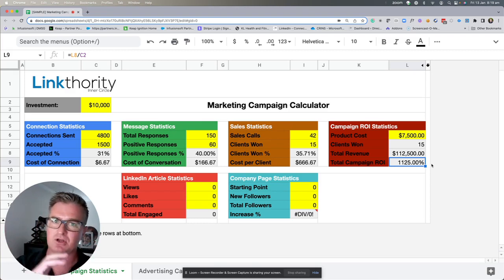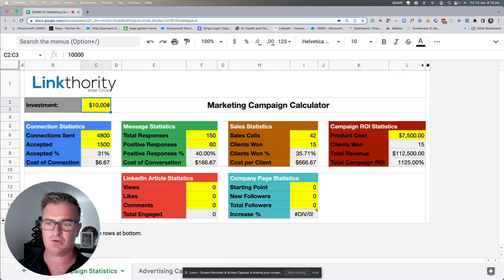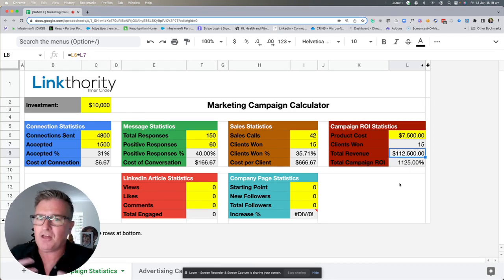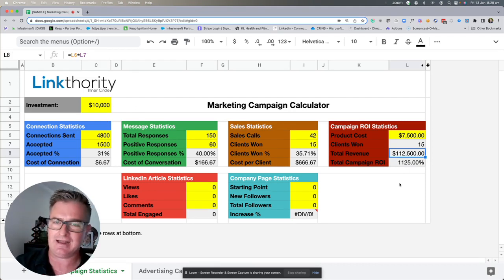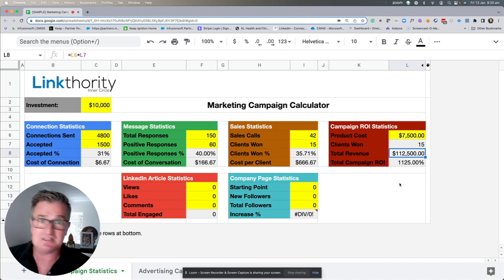What does this methodology look like in order for us to get that return on investment? Now, I can pretty confidently say that if you're going to invest $10,000 and it generated 112 grand in revenue over a 12-month period, I think you would probably be open to doing that. And honestly, if you're not open to doing that, quite frankly, you've got rocks in your head, as far as I'm concerned.